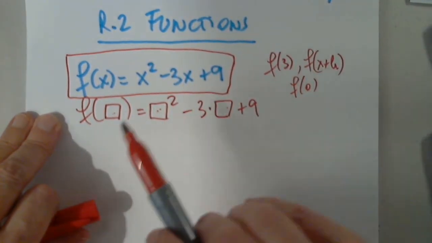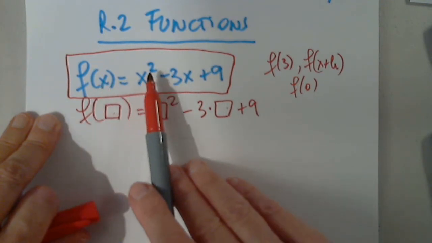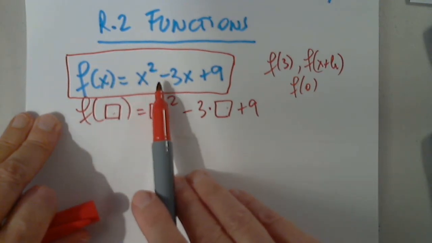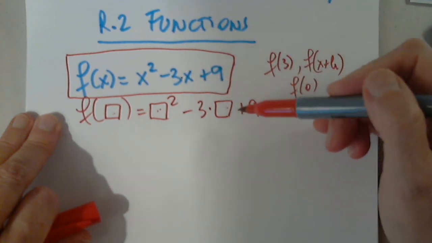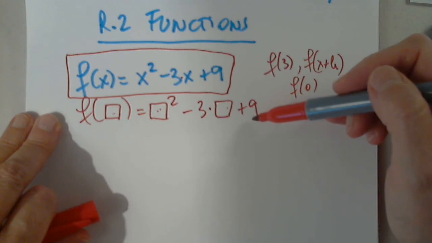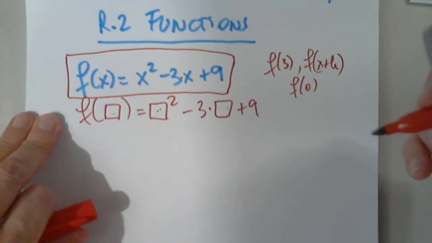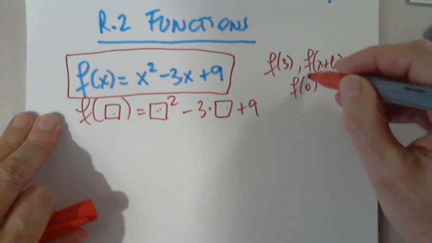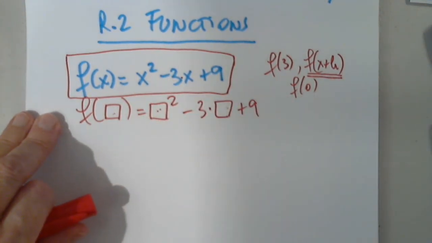The pattern for this function is this: take the input, square it, subtract 3 multiplied by the input, and then add 9 to the answer. This is extremely important because we are going to look at what is called the difference quotient and determine f of x plus h. So we need to be able to understand what the function is telling us.